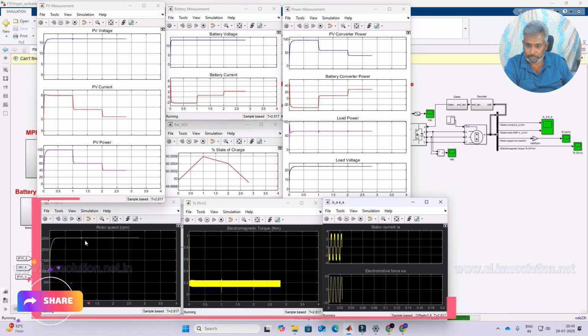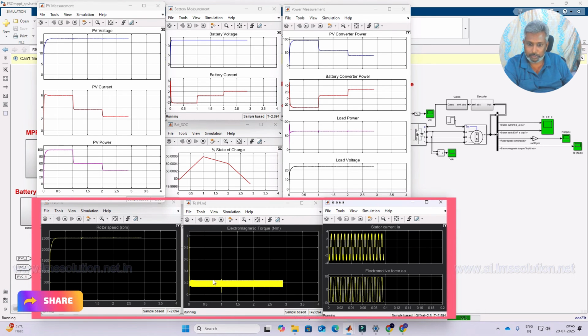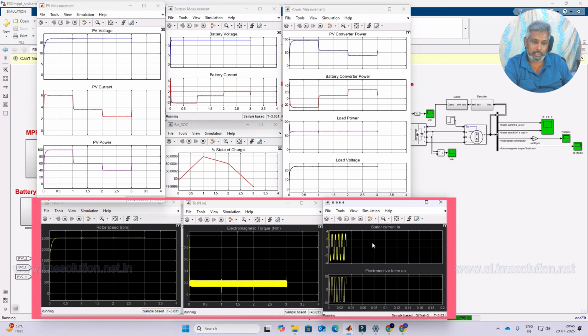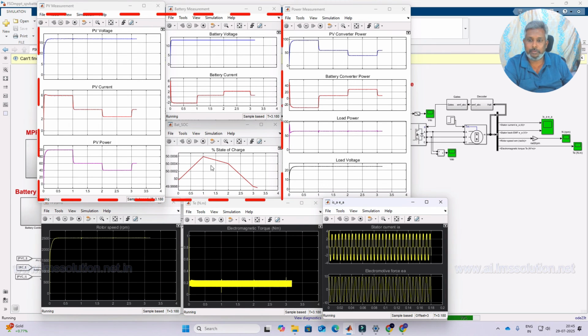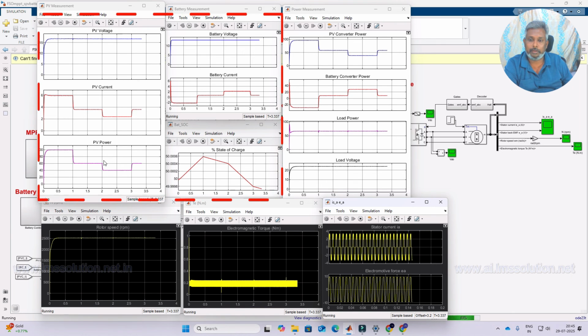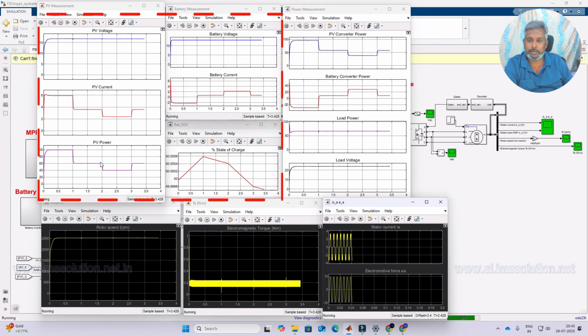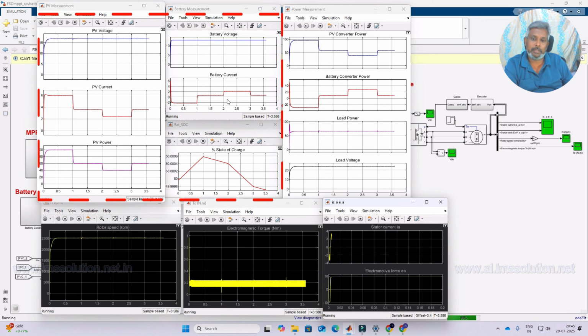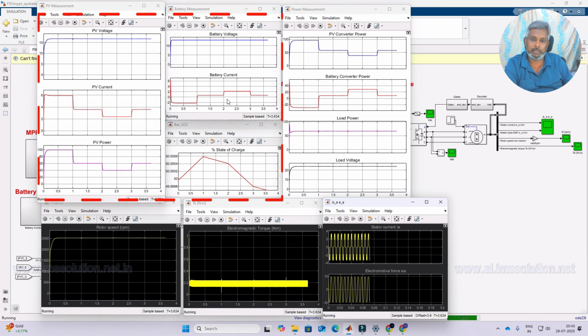Now here you see the speed of the BLDC motor drive, and also this is the torque of the BLDC motor. This is the stator current and the electromotive force of the BLDC motor. The system works effectively according to the change in irradiation condition. Due to the change in irradiation, the battery goes into charging and discharging according to the power balance in the system.